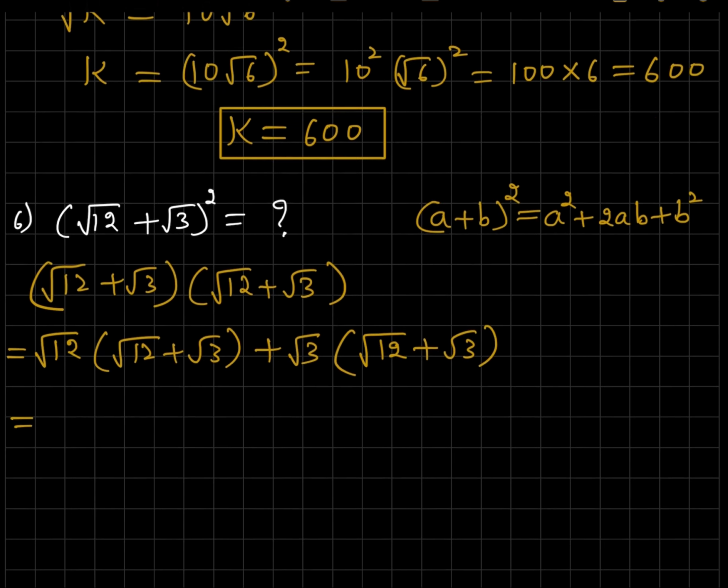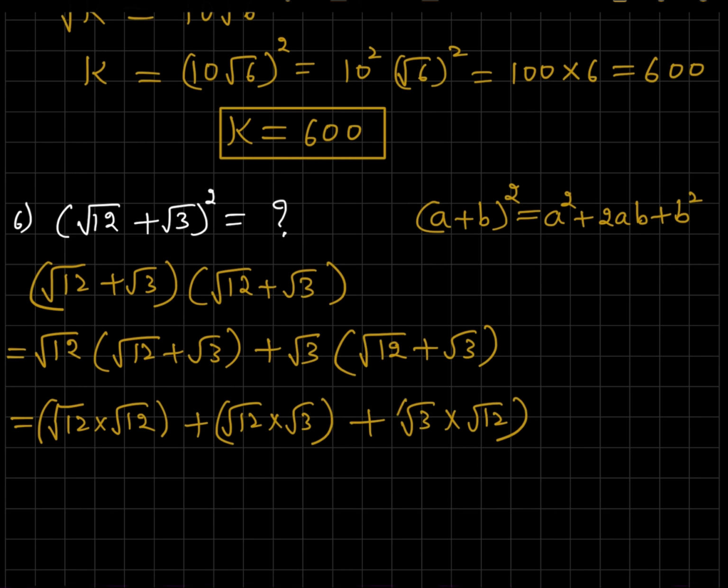And then this is square root of 12 times square root of 12. Again opening, plus square root of 12 times square root of 3, then plus square root of 3 times square root of 12, plus square root of 3 times square root of 3. So these are my 4 terms. So square root of 12 times the square root of 12 is 12, plus now we are having these things 2 times.